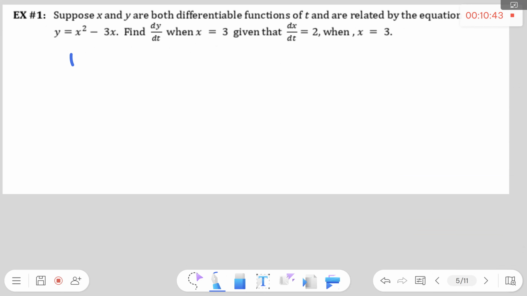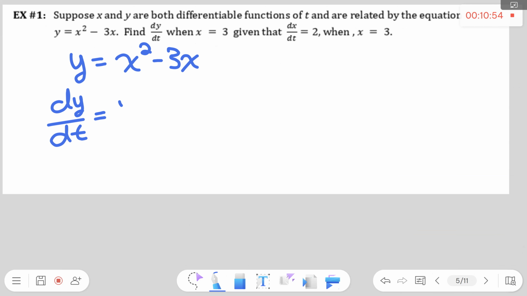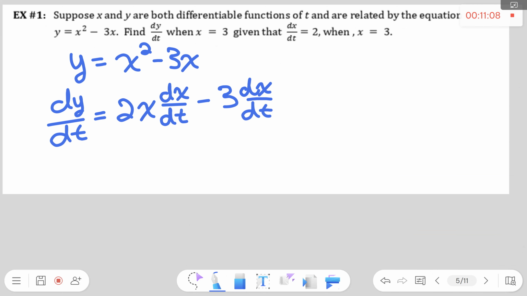So what does this turn into? y equals x squared minus 3x, so dy/dt equals 2x dx/dt minus 3 dx/dt, right? And it just wants us to find this number now.